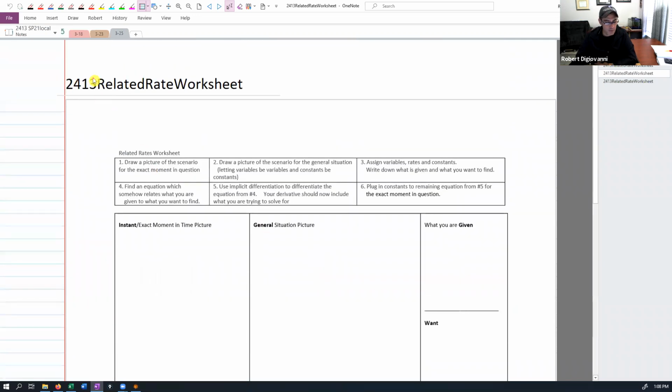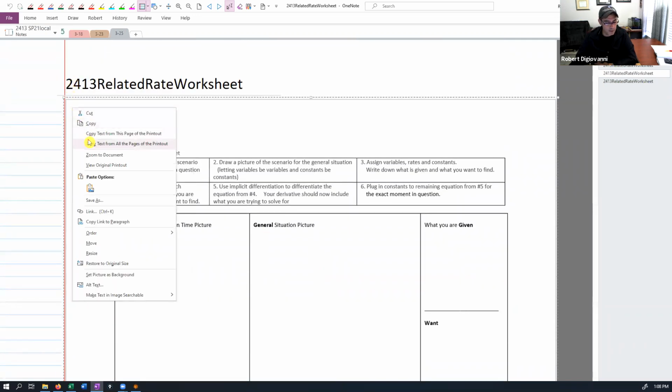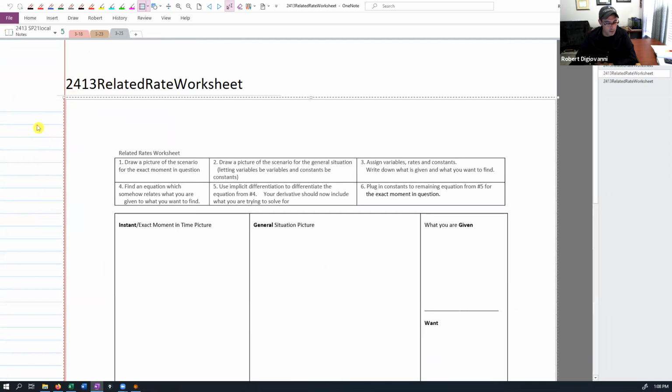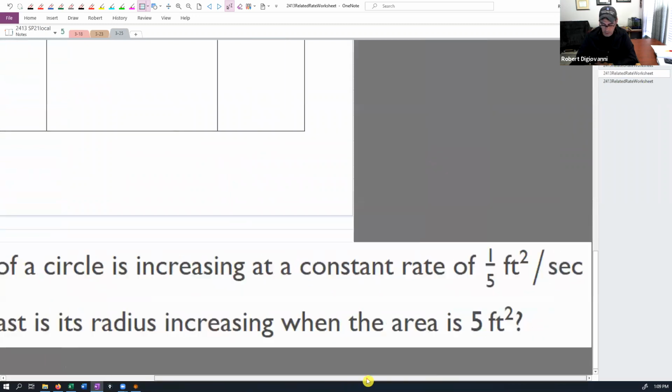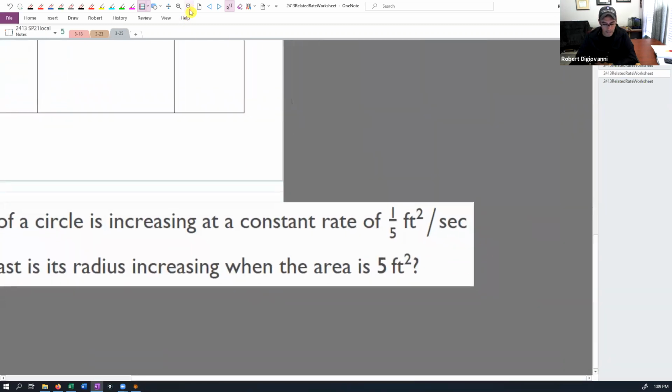Okay, let me put the problem right here. Let me see if I can squeeze a problem in here. Not sure what's going to happen if I try and paste this in here. Yeah, it's going to move it down there. Come on, man. All right, it's not letting me grab this for some reason.